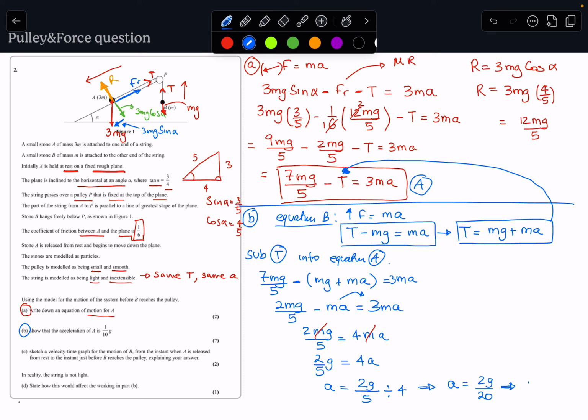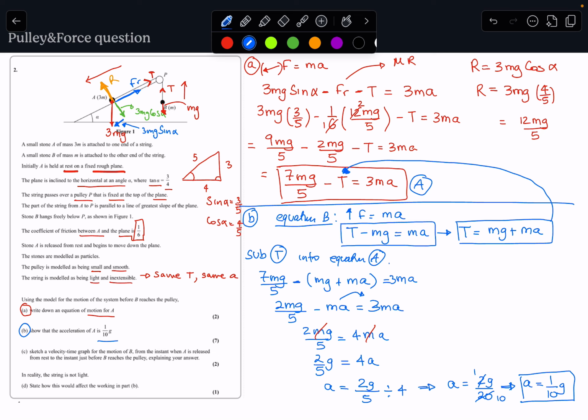This simplifies down, as 2 and 20 can cancel out, so my acceleration becomes 1 over 10 g, and this is exactly what they asked us in this case. And therefore that's the answer for part B.